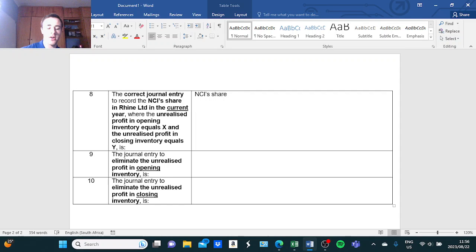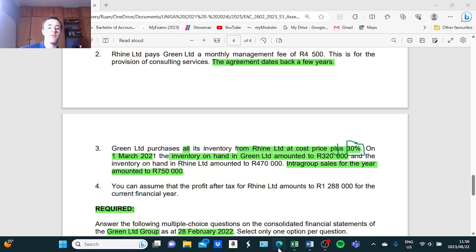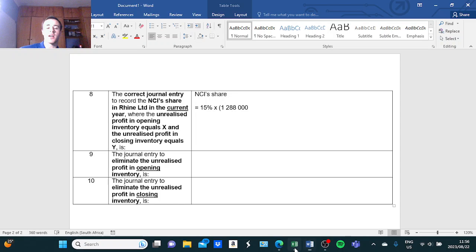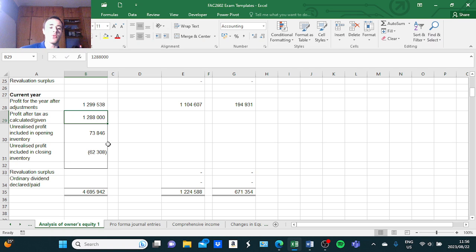We will take 15%, which is the percentage interest of NCI. We'll multiply this by, firstly, the profit after tax as given in additional information point 4. And then we adjust the profit after tax by taking the unrealized profit in inventory into account.